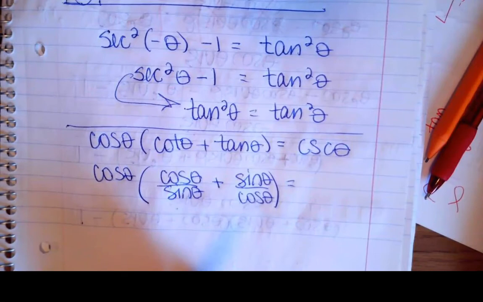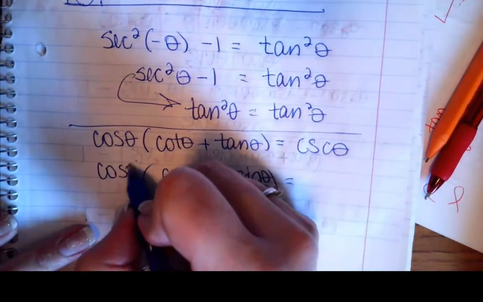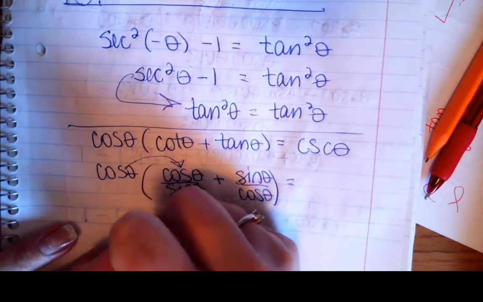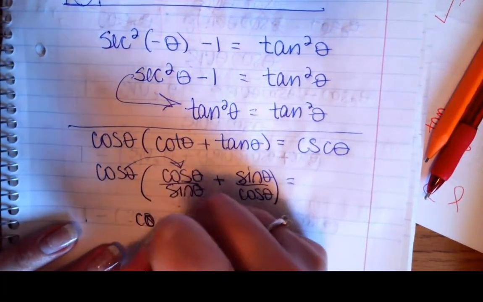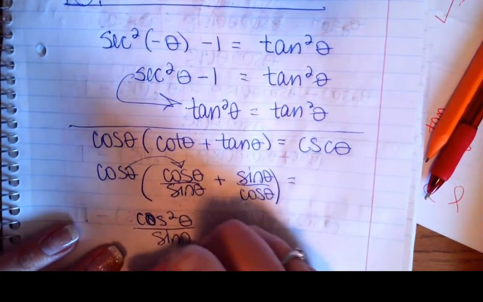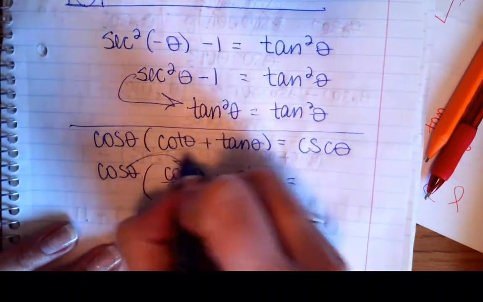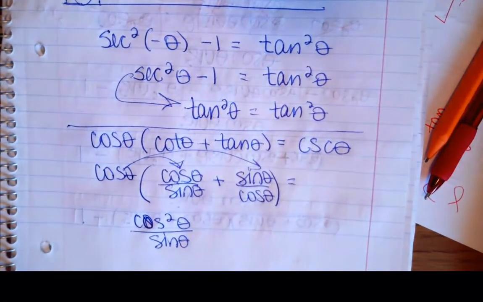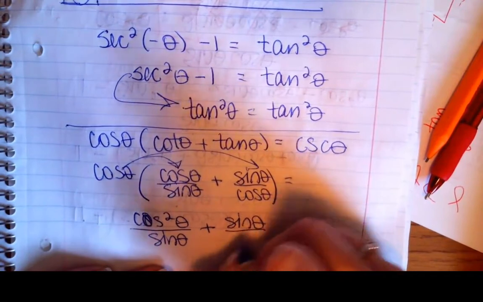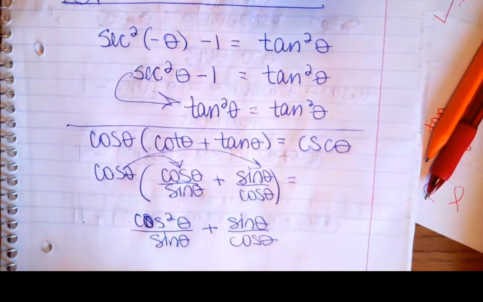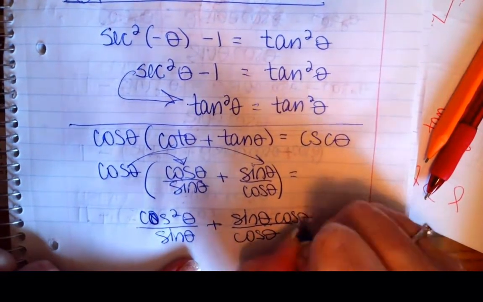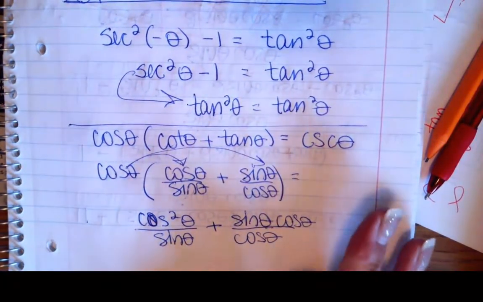So now I'm going to distribute. When I distribute this, I'll get a cosine squared theta over sine theta. And then I'm going to distribute this, and I'm going to get a sine theta over cosine theta. Well, that appears to have made a mess.